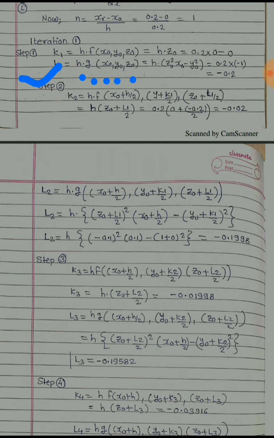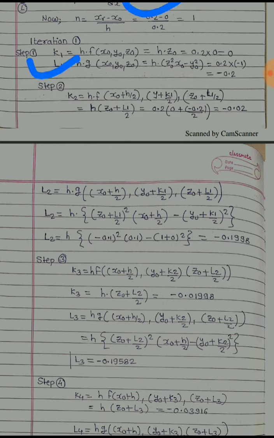I am going to put the value of x as x0, y as y0 and z as z0 in this equation. So h value is as it is, h into z0 square dot x0 minus y0. This is coming from this equation.